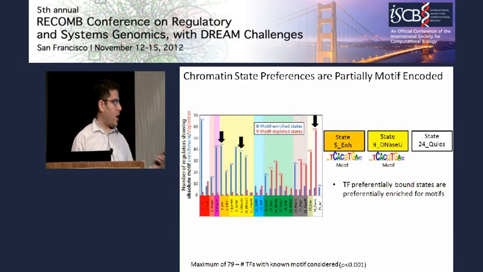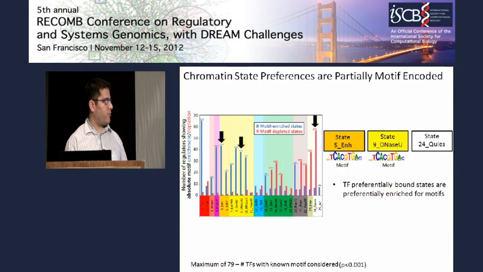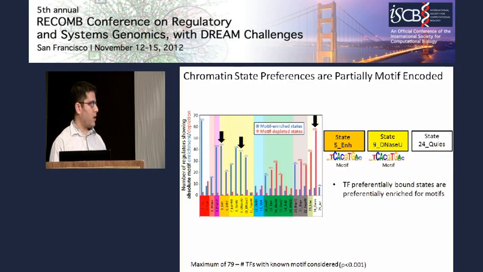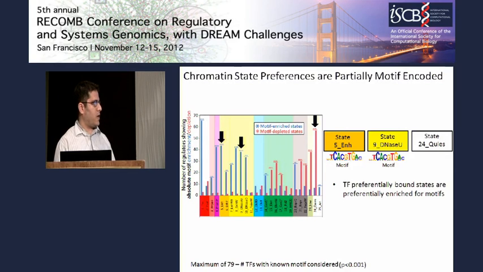And we found what you would expect, that the states for which we saw open chromatin and general transcription factor binding enrichment tended to have an enrichment for motifs. And I'm going to highlight 3 states here to contrast with what I'm going to show in the next slide. So the active enhancer state, and a state associated with open chromatin with limited active histone modifications, both had an enrichment for motifs within the state, while there was a depletion in this quiescent state, which was lacking any active signals.